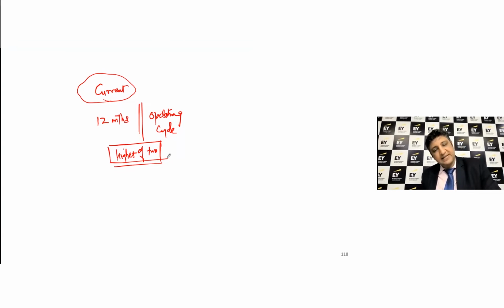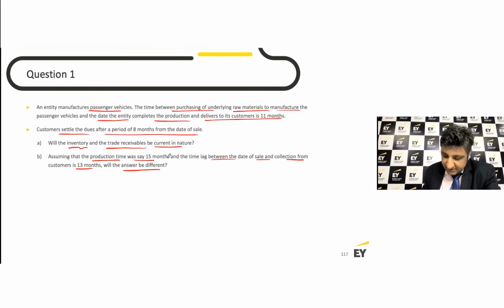However, if the operating cycle itself is less than 12 months, then we take a window of 12 months itself, right? So what I was saying here is that in the given scenario, the time lag is 11 months and then 8 months. That makes it, of course, 19 months of my normal operating cycle, right?